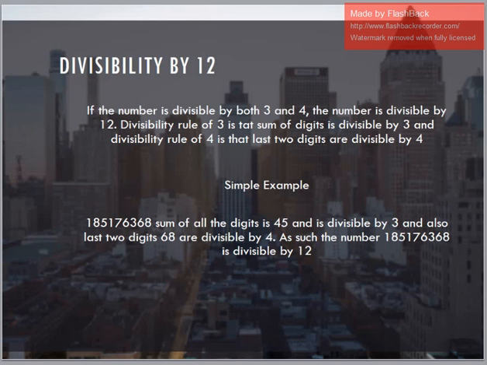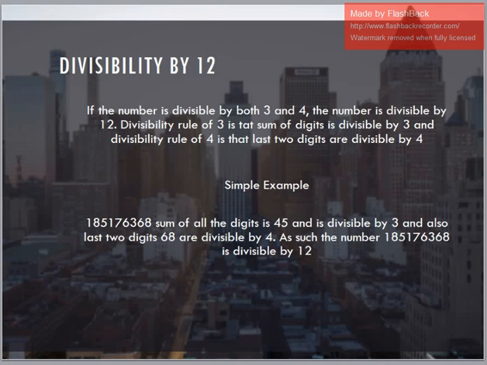Divisibility by 12. This is the last rule na aming ituturo and ipapaliwanag for now. So, let's proceed. If the number is divisible by both 3 and 4, the number is divisible by 12. Divisibility rule of 3 is that sum of the digits is divisible by 3.